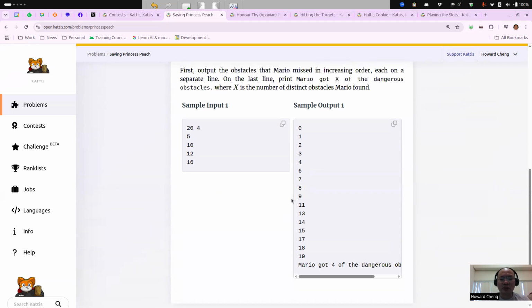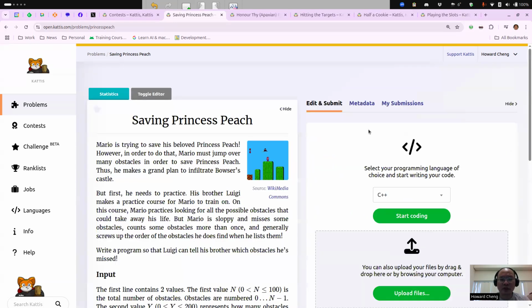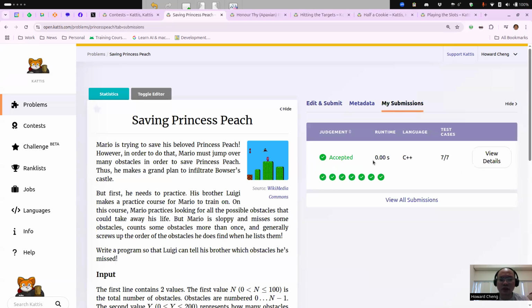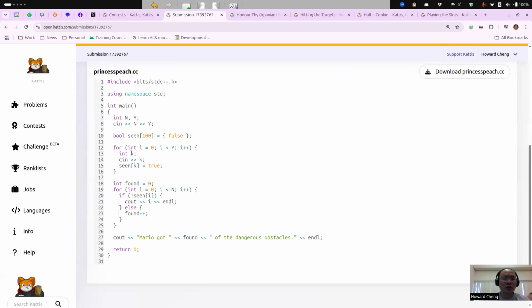So I don't really want to spend too much time on this one, but I'll just quickly show you my code. So I read in n and y. I have a Boolean array that says whether I've seen that obstacle or not, and I initialize everything to false.